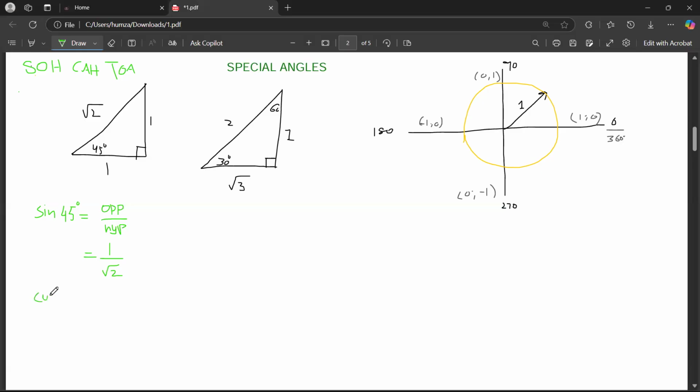Now, if I give you cos 45 degrees, adjacent over hypotenuse, this will be 1 over root 2. And then tan 45 will be 1 over 1.